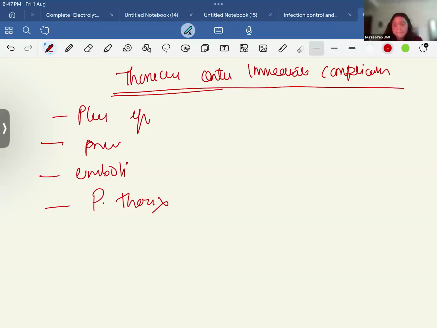Bhavna. Ma'am, I'm confused between pulmonary emboli and pneumothorax. If you're confused in an answer, then think about what exactly you're doing in your thoracocentesis. Tell me.